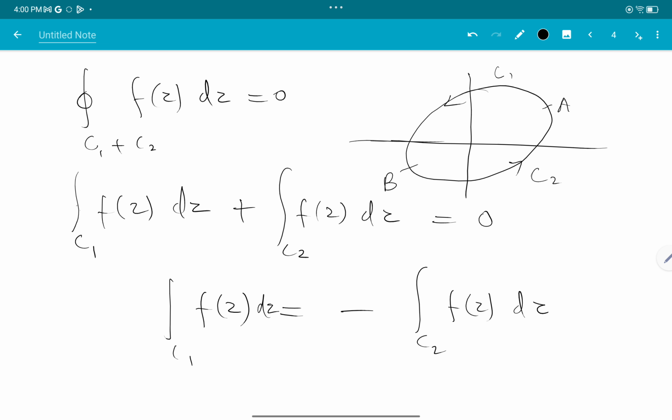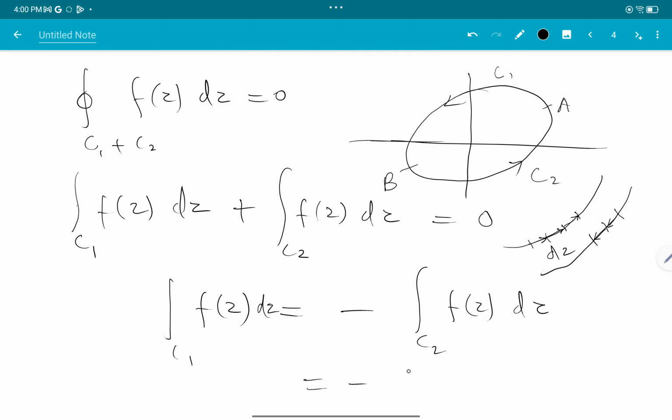Or you can also understand it like this: you have a path like this, and if you are going in anti-clockwise direction, you are taking its elements, say each element delta z, in this direction. But when you are coming back, each delta z is pointing in the opposite direction. So this integral will be negative of this integral.